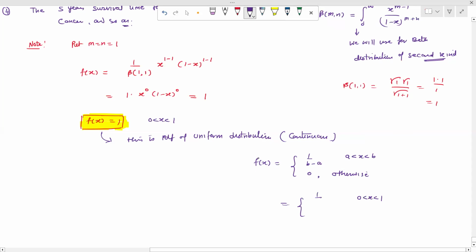So this can be written as 1 minus 0 means 1, and 0 otherwise. So this beta distribution is converted into the form of the uniform distribution when we consider m is equal to n is equal to 1. So by putting the value of m and n equal to 1, beta tends to the uniform distribution.